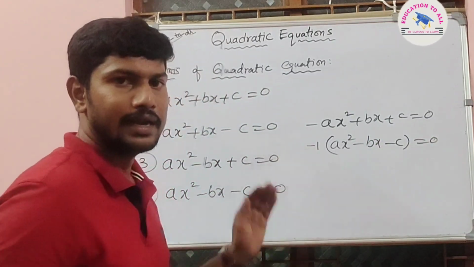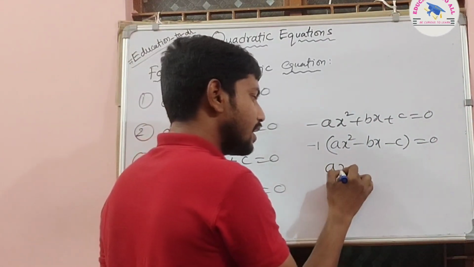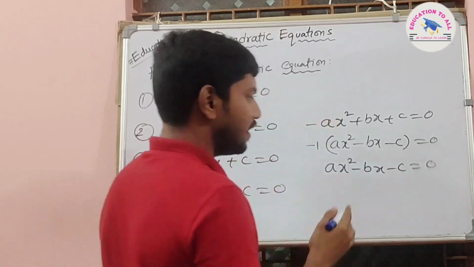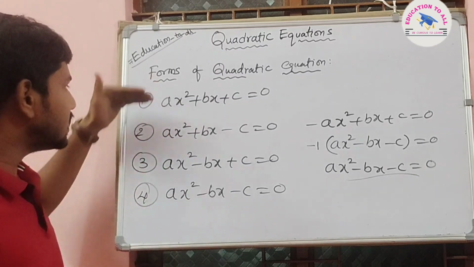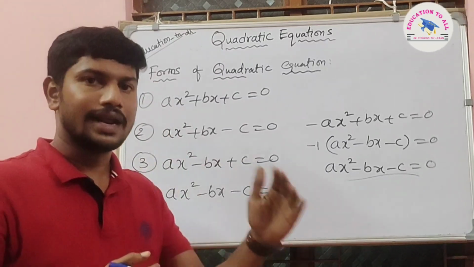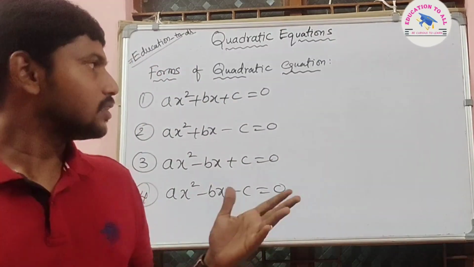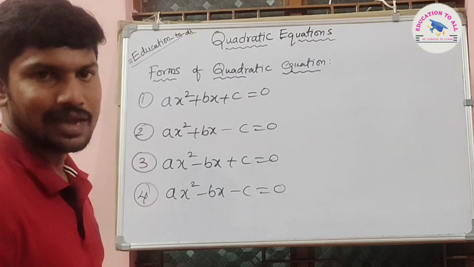Minus 1 is multiplied, you can send it to the right hand side, that becomes 0: ax square minus bx minus c equal to 0. Identify, this is one of the formats of these four. So other than these four, any one you write, we can convert into these four formats only.